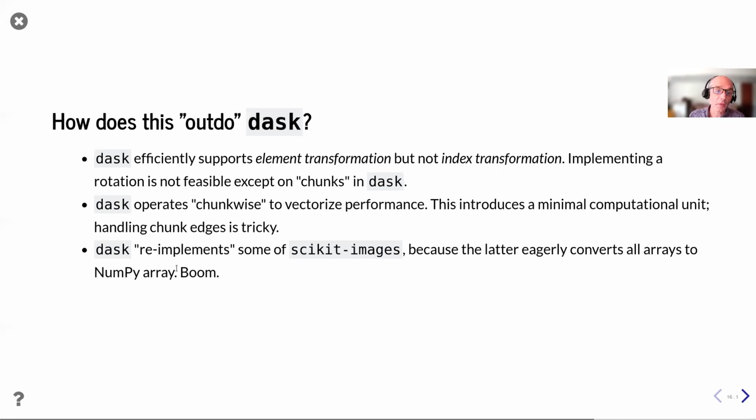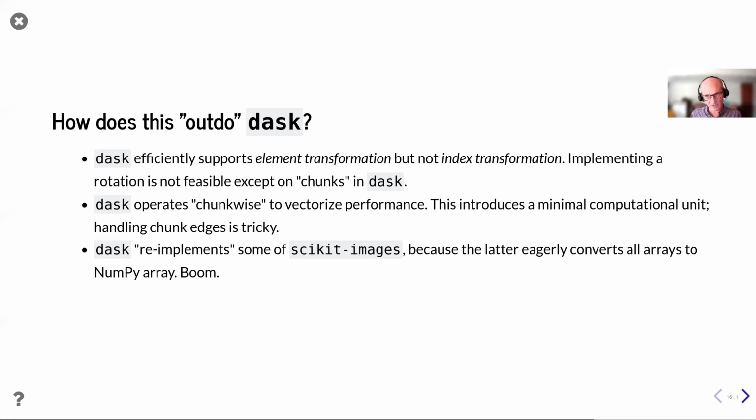The other elements of ugliness are that sometimes Dask has to make up for restrictions in other packages. So for example, in the excellent scikit-image package, in order to deliver good performance to its users, it takes arrays of many different types of input, but it standardizes them to NumPy arrays before doing everything.